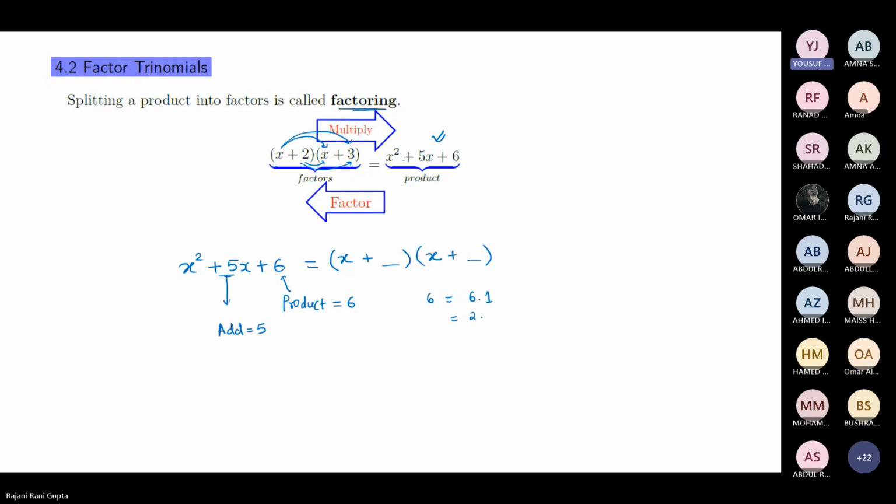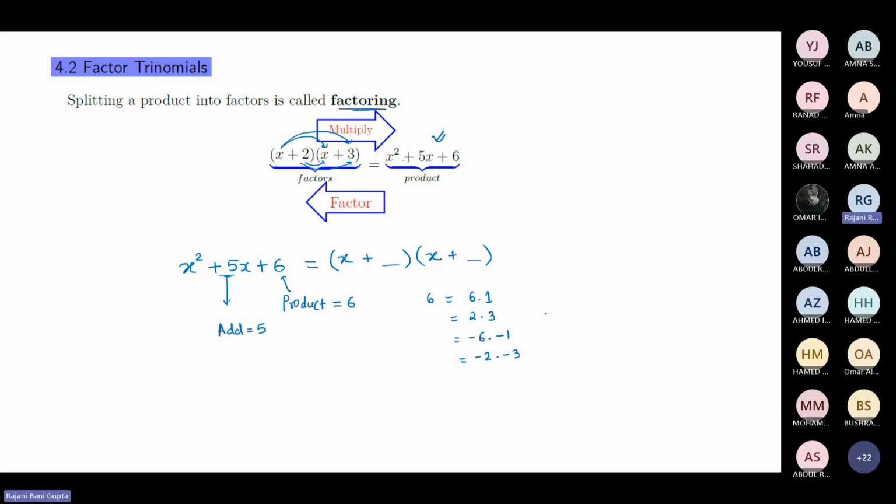Yes. 2 multiplied by 3. Yes. Can I say minus 6 multiplied by minus 1? Yes, because minus times minus becomes plus. Can I say minus 2 multiplied by minus 3?